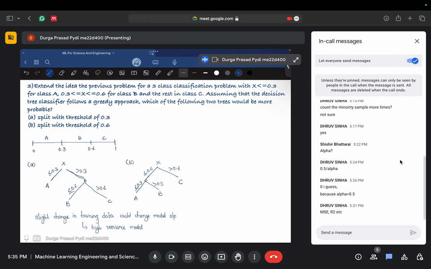Okay, now coming back to the question: out of A and B, which one will happen? What will be the basis on which you choose? Ideally you calculate GA and GB and see which one of them is minimum. Whichever is minimum, that will be my answer.